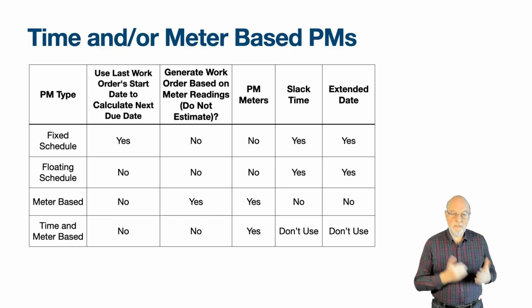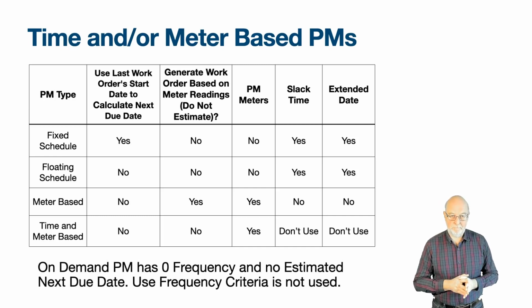For time and meter-based PMs, an extended date will extend only the estimated next due date on the time-based frequency tab. If the extended date is later than any estimated next due date on a PM meter, then it will have no effect, and the earliest next due date will show the estimated next due date on the PM meter.